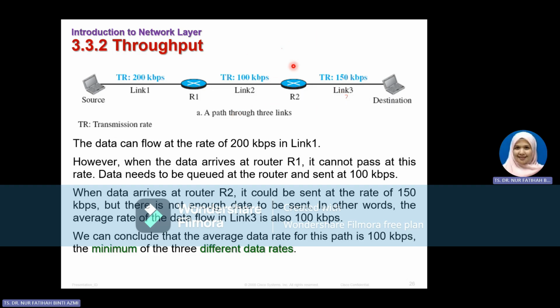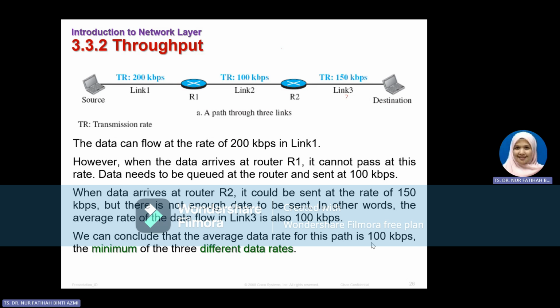Now at router 2, the next link is 150 kilobit per second, but the previous link only delivers 100 kilobit per second worth of data. That means the third link will be underutilized. Even though some links can support higher speed, the overall data flow is limited by the slowest link in the path, for example here, link 2.